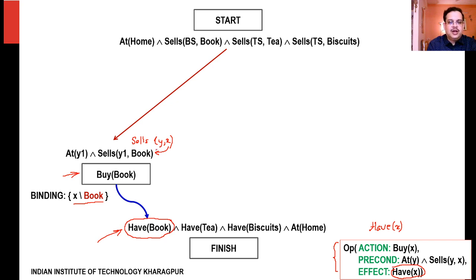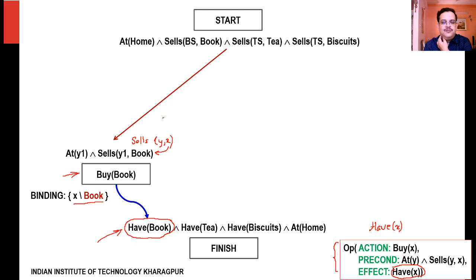So now I have this action in place. Instead of having the original two steps S1 and S2, which were respectively start and finish, I now have three steps in my plan: start, then buy book, and finish.